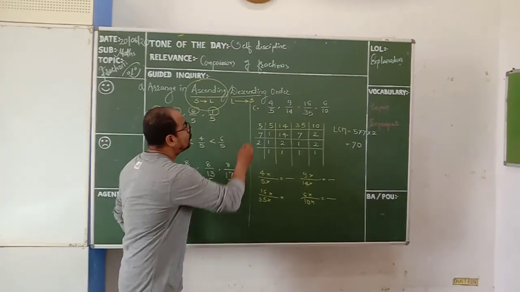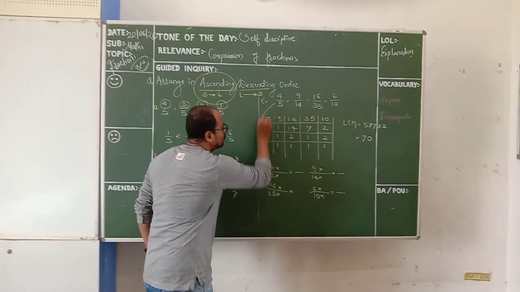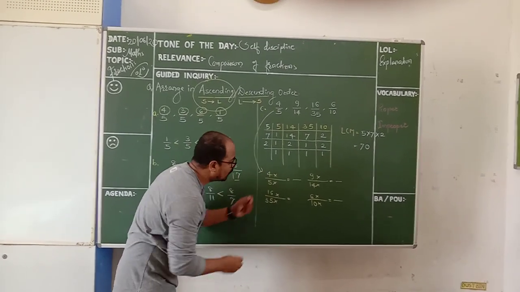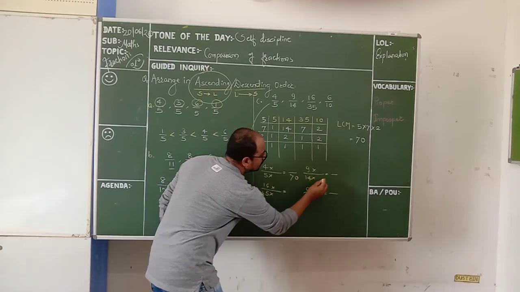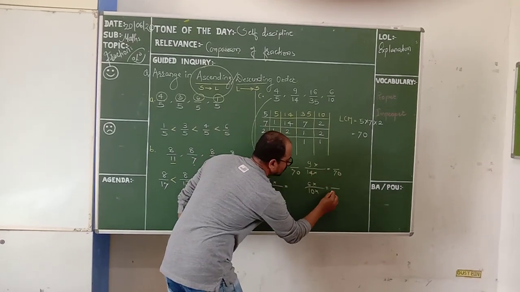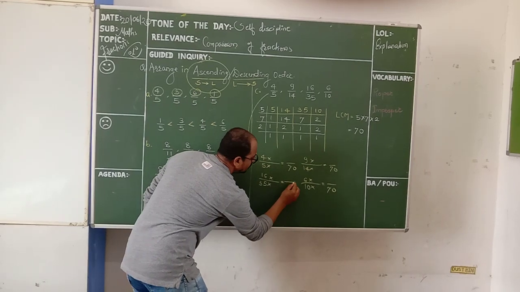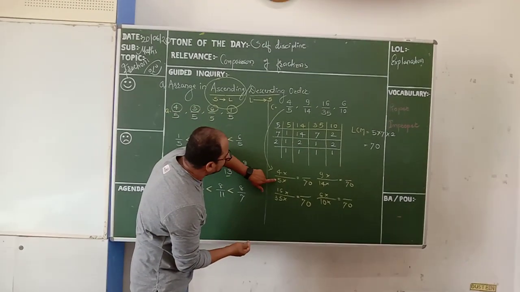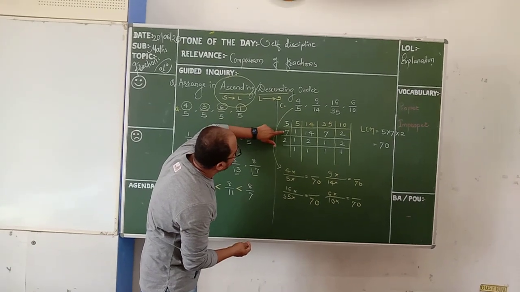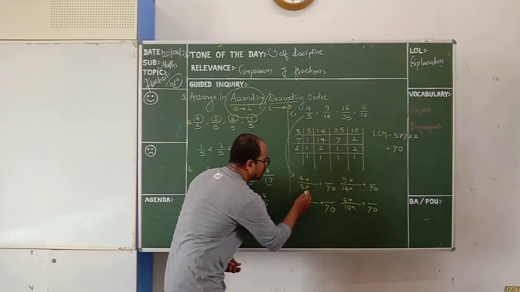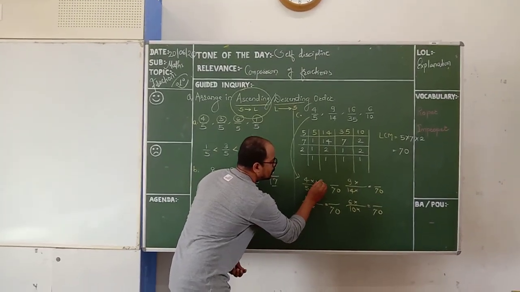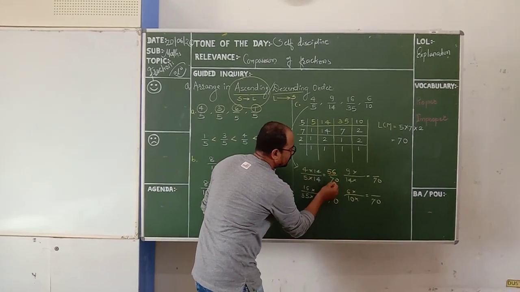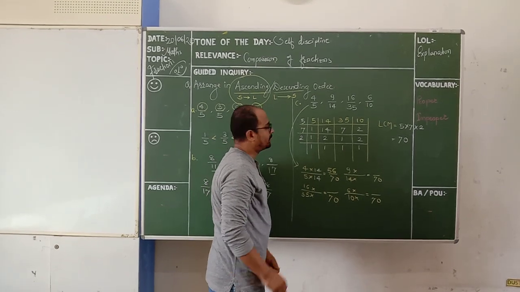Now go fraction by fraction, starting with 4 by 5. You have to make the denominator 70 for every fraction. Since 5 times 14 is 70, you multiply by 14: 14 fours are 56, and 14 fives are 70. Next, 14 times 5 is 70, so multiply by 5: 9 fives are 45, and 14 fives are 70.